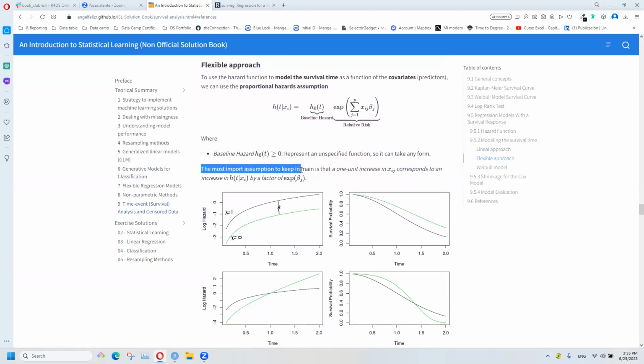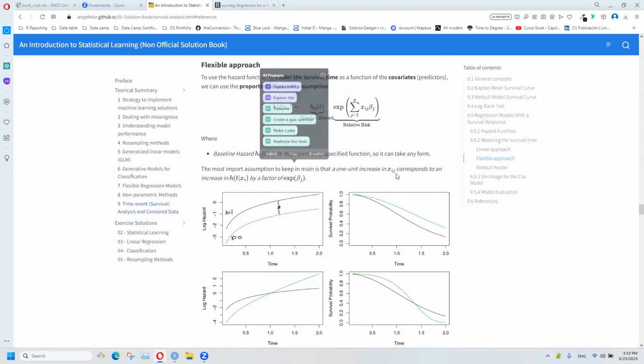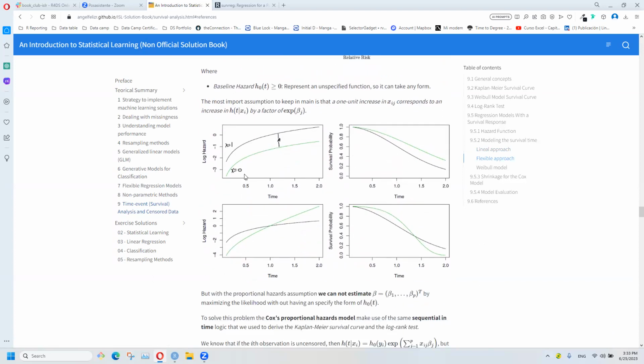So the most important assumption to keep in mind is that a 1 unit increase in x corresponds to an increase of the hazard by a factor of the exponentiated coefficient. So basically, if we have one variable that has just 1 and 0, a dummy variable, we expect that both groups always differ by that coefficient.